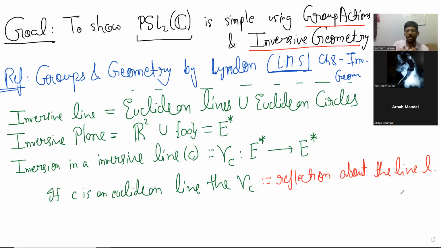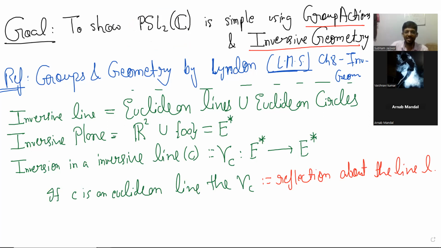The PSL2C is the orientation-preserving subclass of these functions, not the entire group that we will consider. And you will see this in complex analysis as well. It connects with a lot of other things. There they take PSL2R and it gets very interesting. Complex analysis is connected with modular forms and number theory, and basically a lot of things.